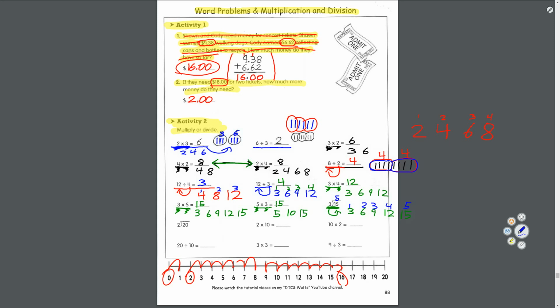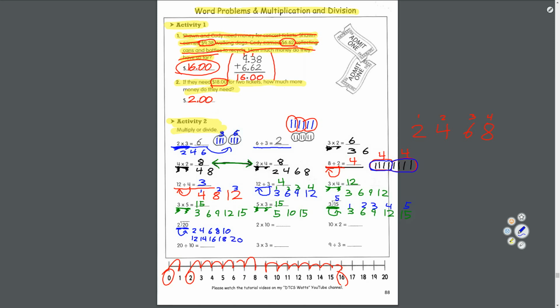Let's try that again. Same one here. So it's not 2 divided by 20, it's 20 divided by 2. How many times does 2 go inside 20? 2, 4, 6, 8, 10, 12, 14, 16, 18, 20.